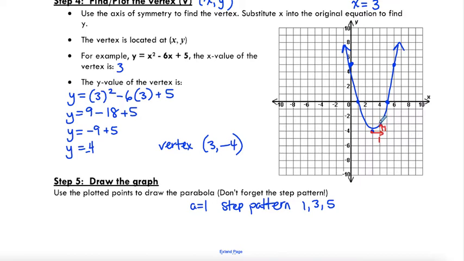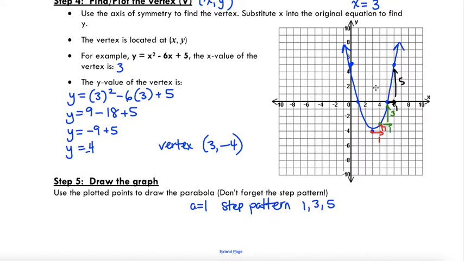So there's my second point. From that point, I go over 1, and this time I'm going to go up 3, and there's my next point on my graph. And then from there, I go over 1 unit, and then I would go up 5, and there's my next point as well.